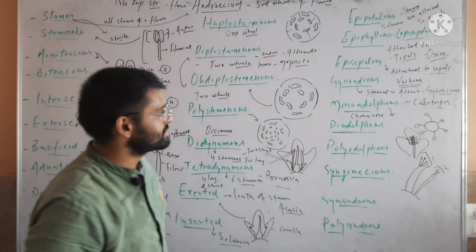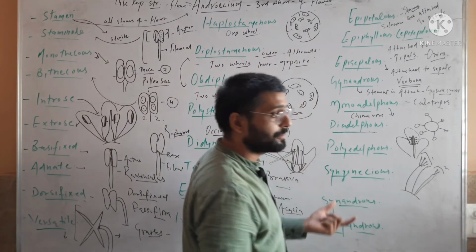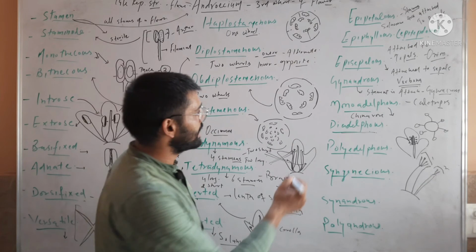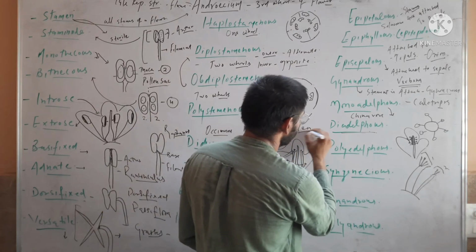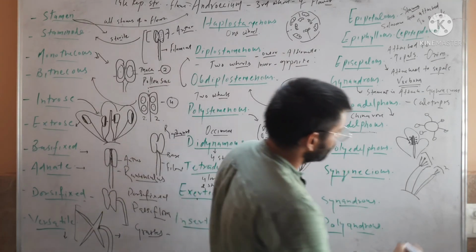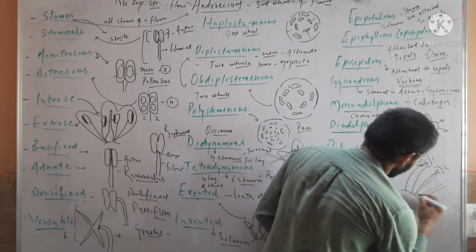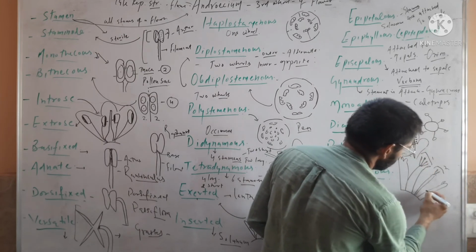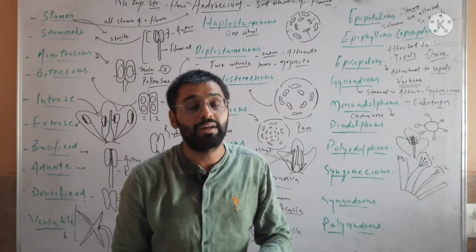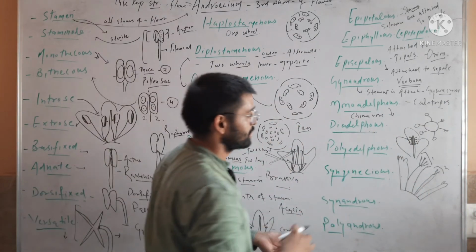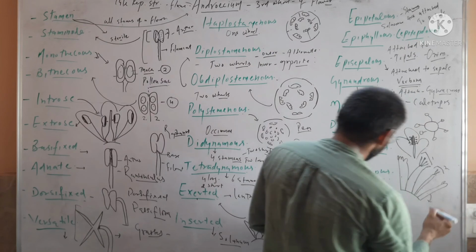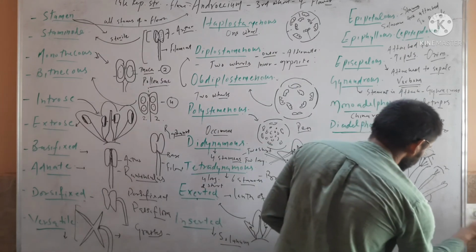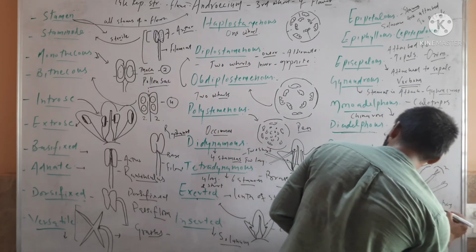Then this type of stamens are called diadelphous. It is found in pea plant. Polyadelphous, more than 2 bundles. So these are bundles, and on each bundle there are numerous stamens. This type of polyadelphous condition is found in citrus.